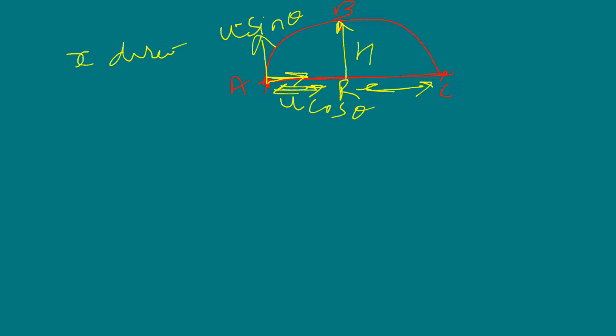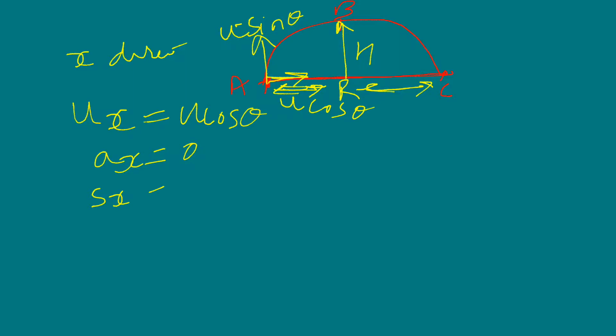Initial velocity along x is u cos theta, and acceleration along the x direction is 0 because there is no change in velocity. Displacement along the x direction is the range r. Time we will consider as capital T.